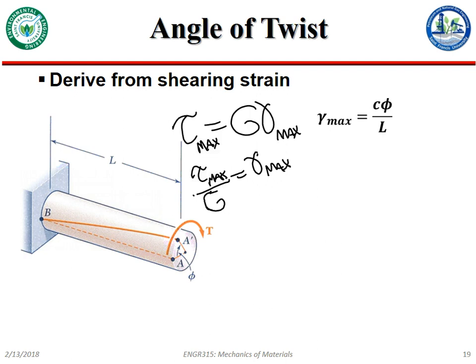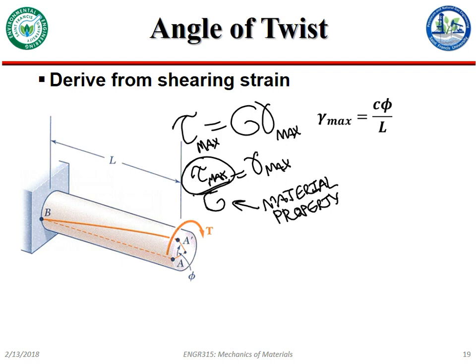Now, this guy is a material property, so I can find that. I can either say, hey, I'm making this thing out of steel, what's its modulus of rigidity? Or I'm making this out of wood. Read it out of the book.